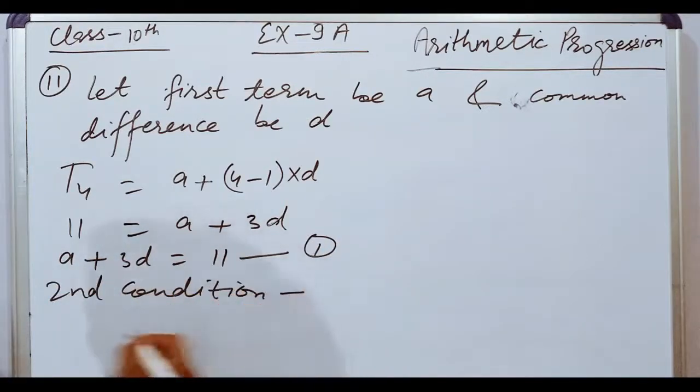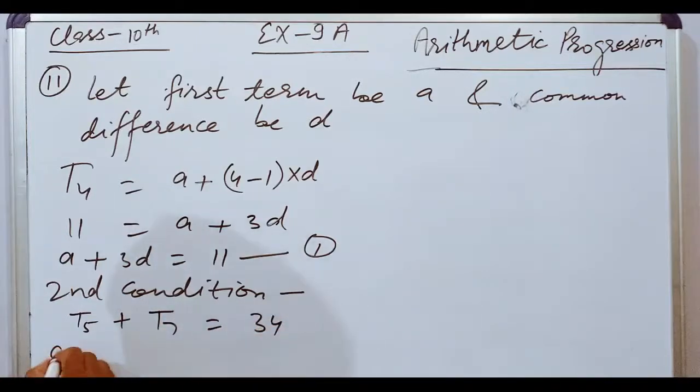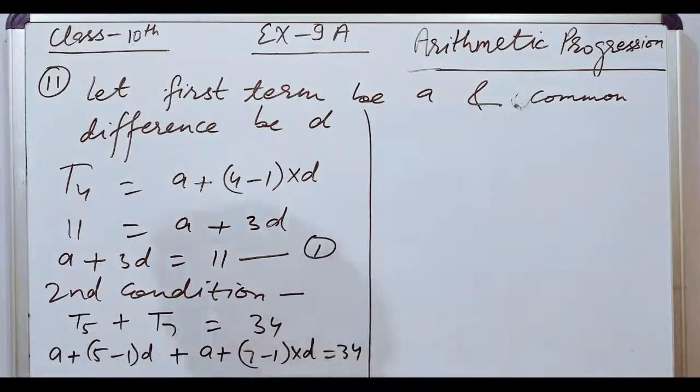What is the second condition? T5 plus T7 equal to 34. T5 means A plus 5 minus 1 into D, plus A plus 7 minus 1 into D equal to 34.